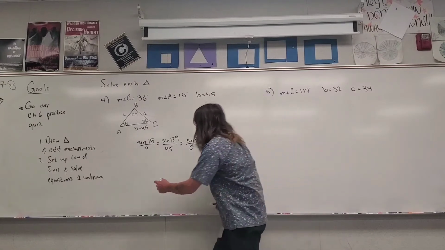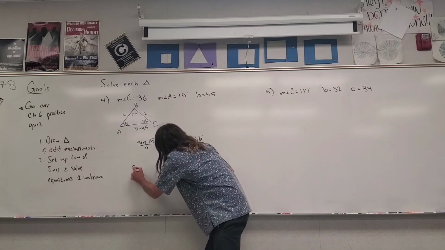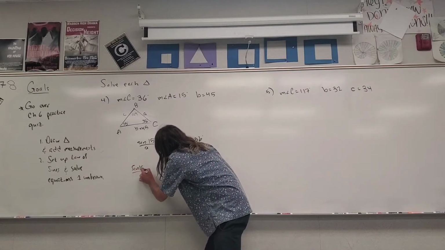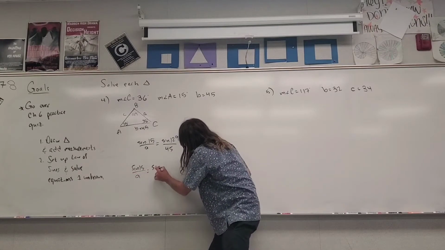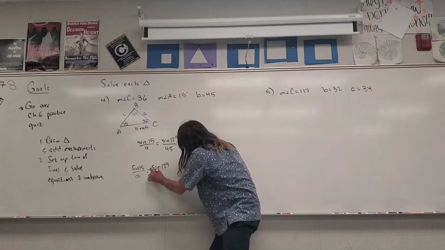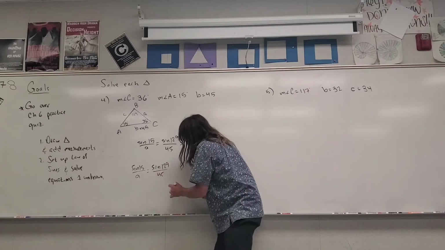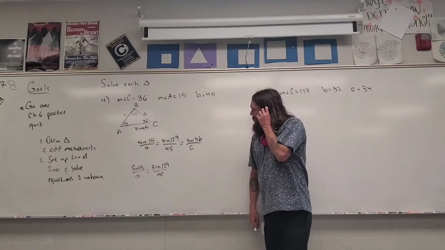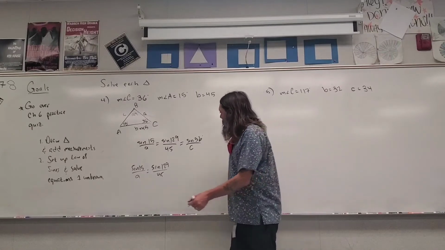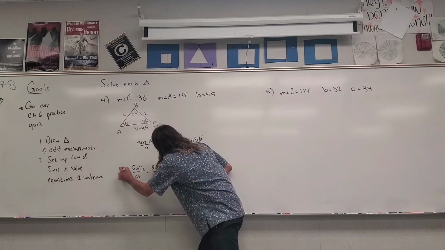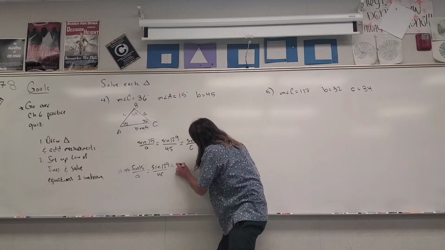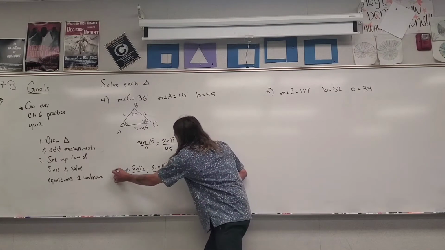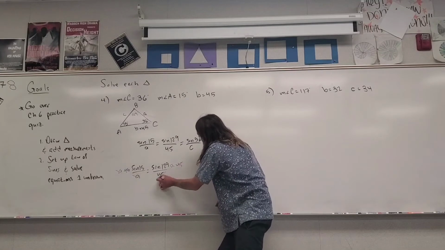Sine of 15 degrees divided by A equals sine of 129 degrees divided by 45. Let's get rid of the denominators, so I'll multiply everybody by the denominators. This will be A times 45, and this will be A times 45. On the left, the A's cancel, and on the right, the 45's cancel.